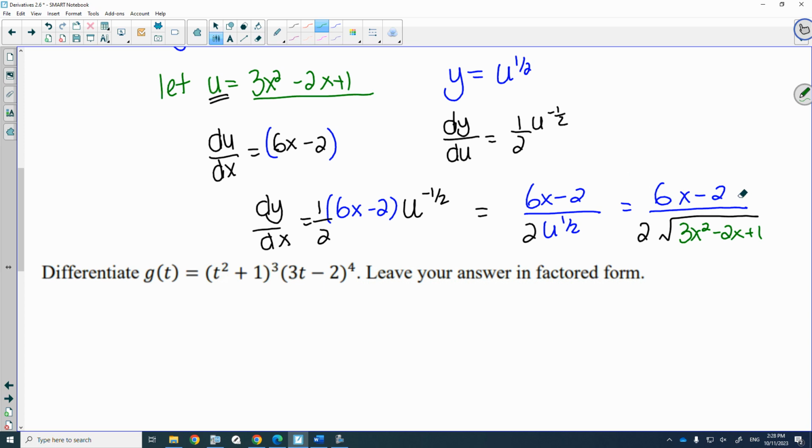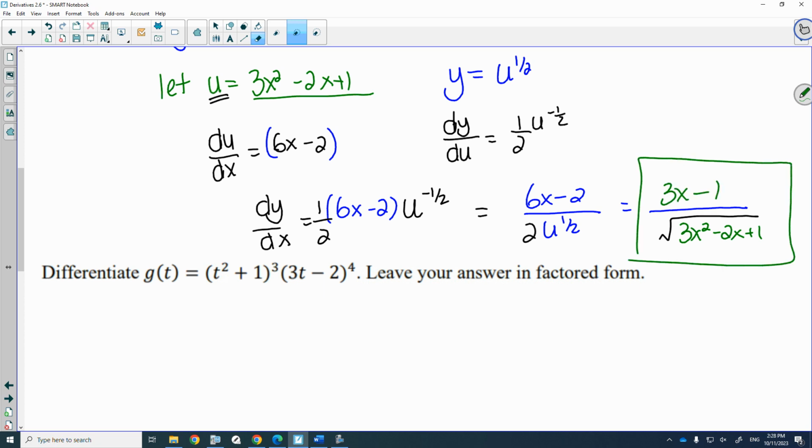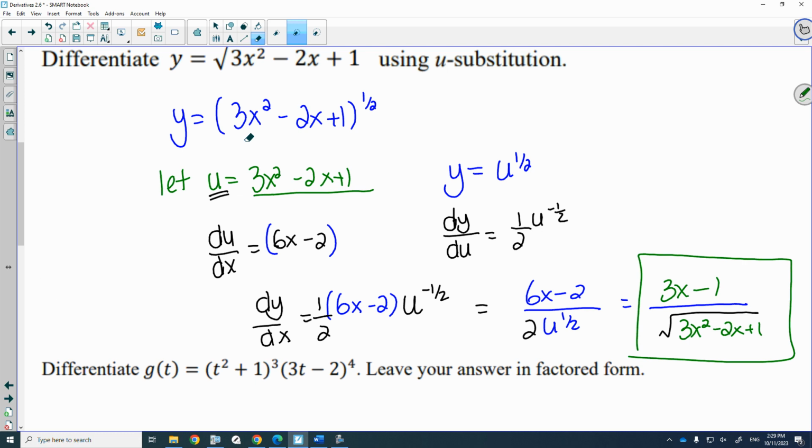So factor out a 2 from here, and what would I be left with? 3x minus 1. So if you factor out a 2, you'll be left with 3x minus 1. And that's the derivative. So it's actually much easier to do this one. Like you could try doing chain rule to this one, and it will be messy.